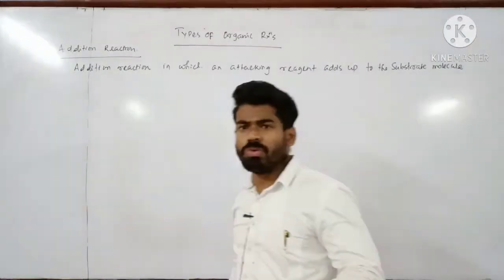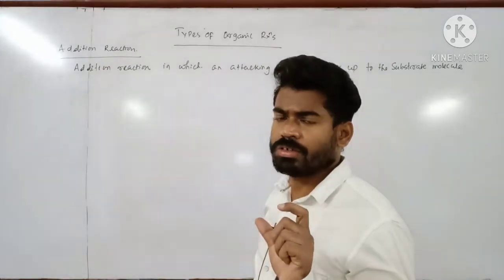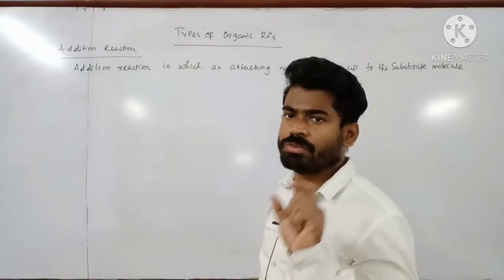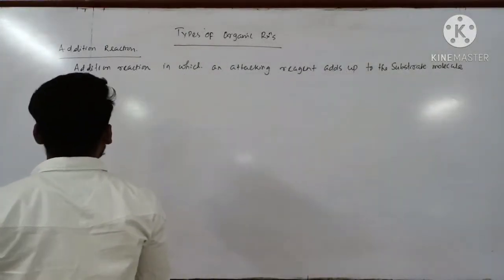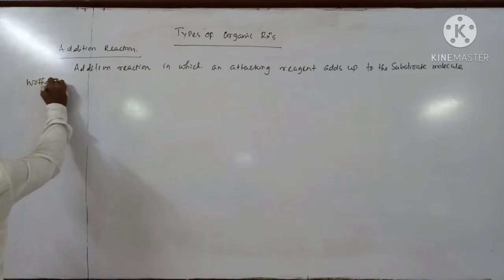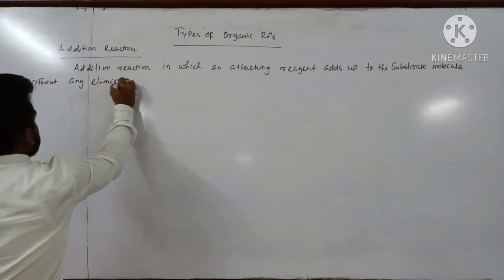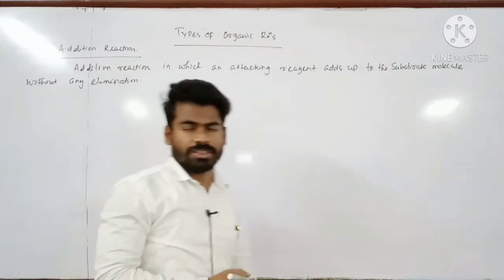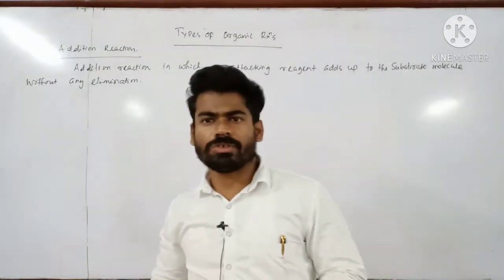Elimination means there is no loss of any molecule during such reaction. No loss of any molecule takes place, only the addition of reagent to the substrate occurs. Without any elimination.